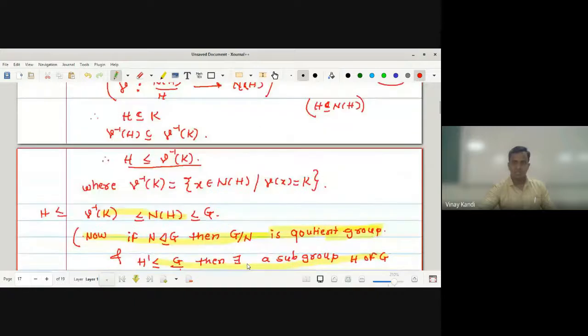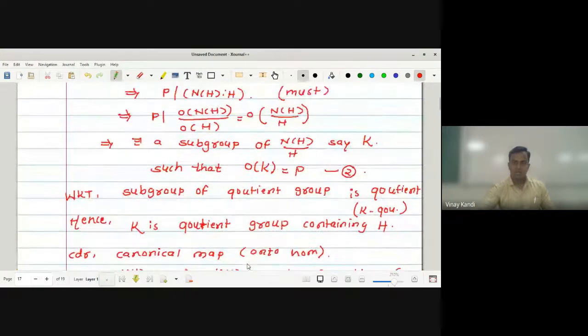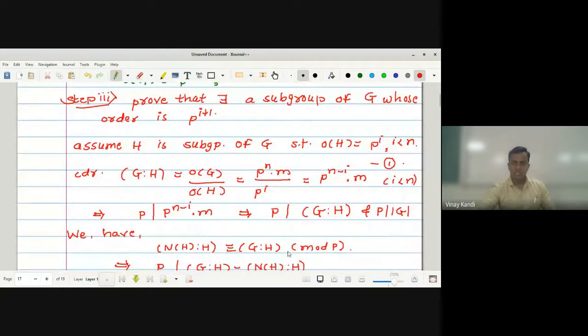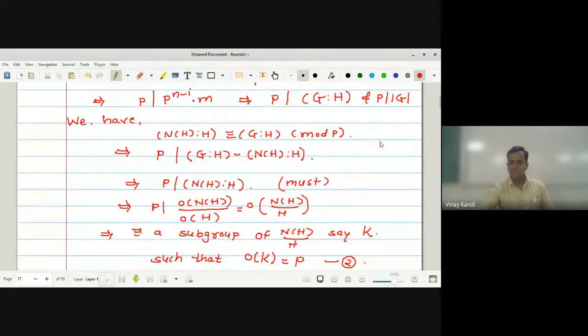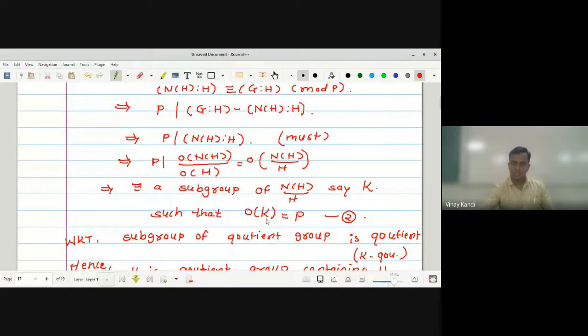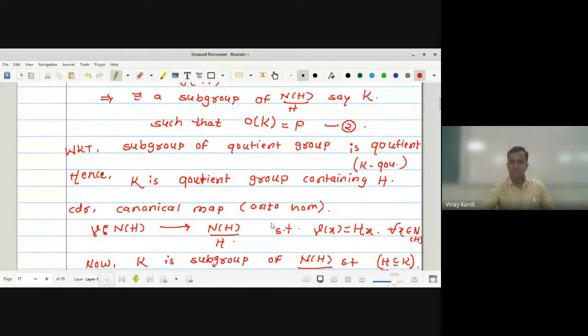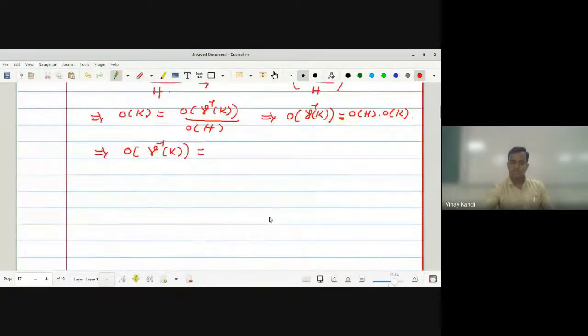from statement number 1. Look at here. The order of H is P raised to I. And what is the order of K from 2? P. Means we get P into P raised to I, which is equal to P raised to I plus 1.